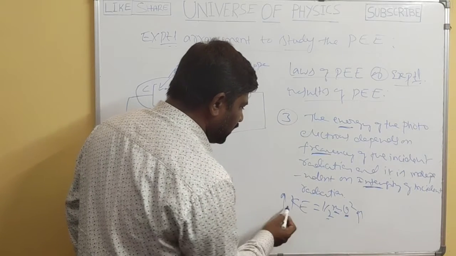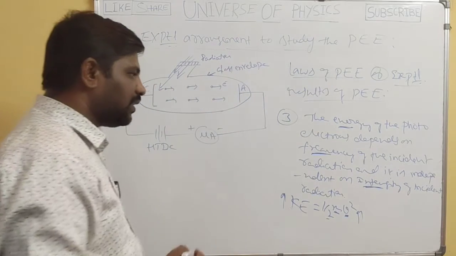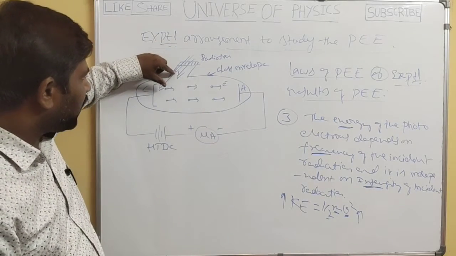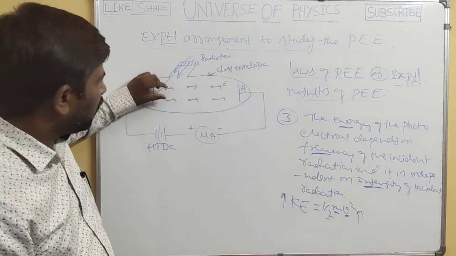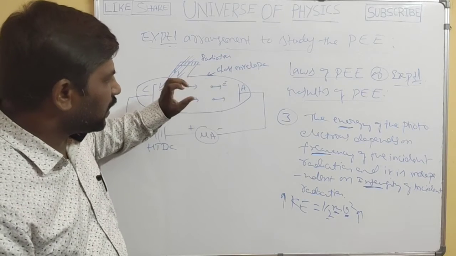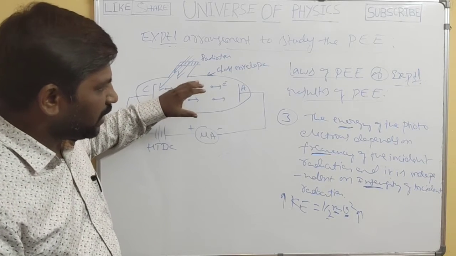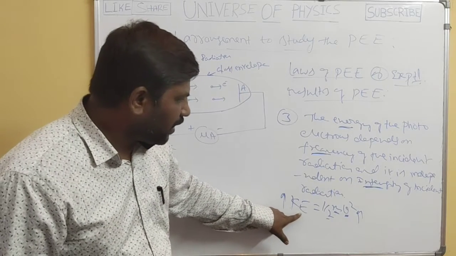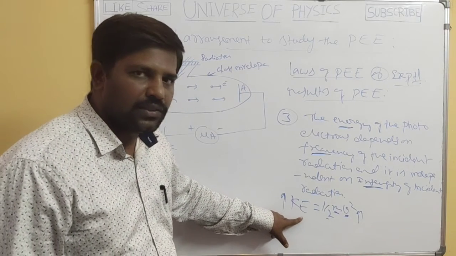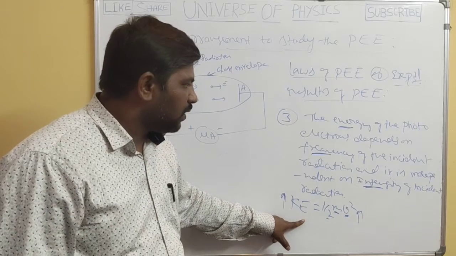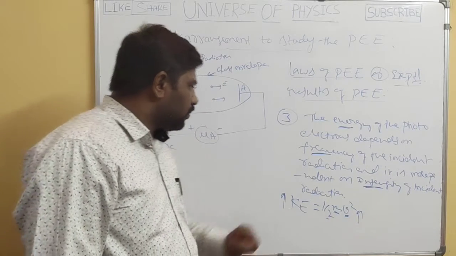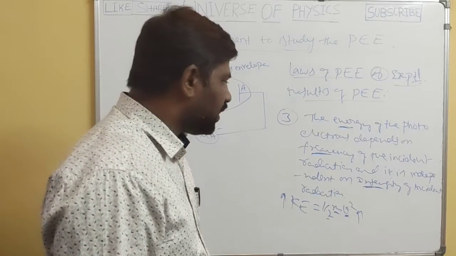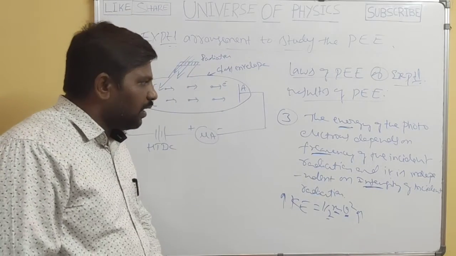If velocity increases, the kinetic energy of the emitted electrons also increases. But it is independent of the intensity of the incident radiation. This is the third law.